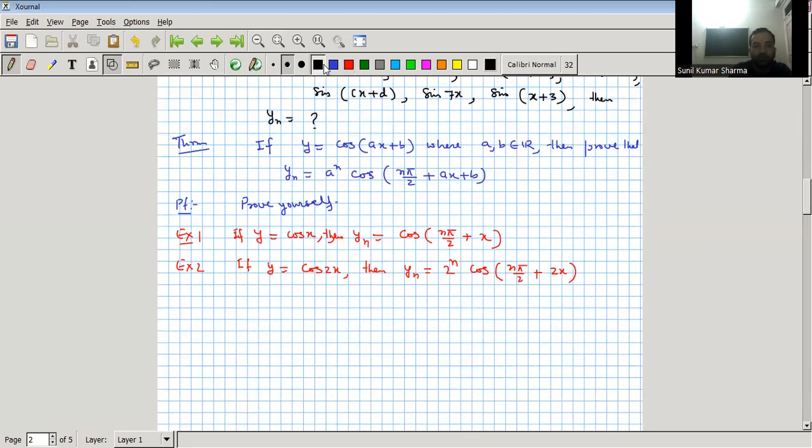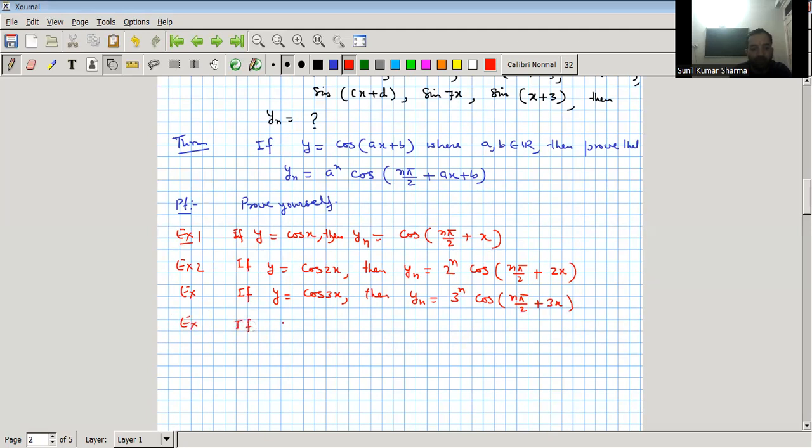So exercise 3, if y is equal to cos 3x, then what is yn? 3 raised to power n cos of n pi by 2 plus 3x. So now you try.